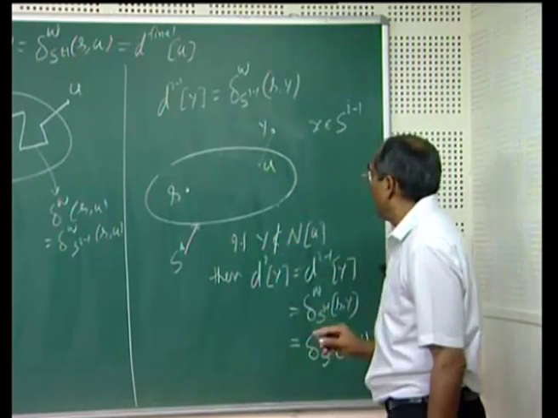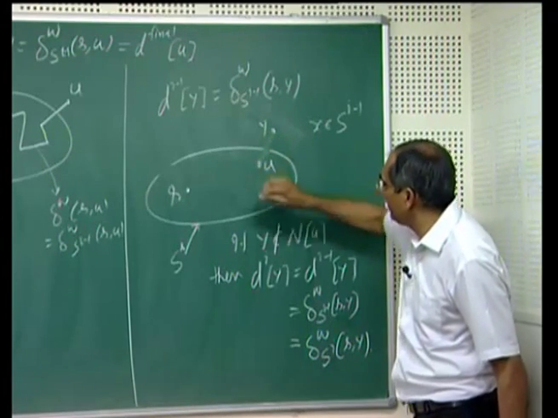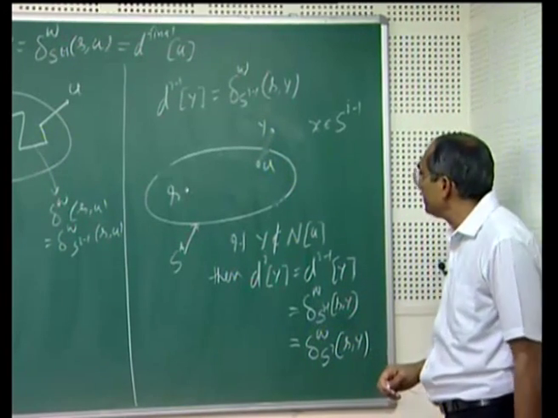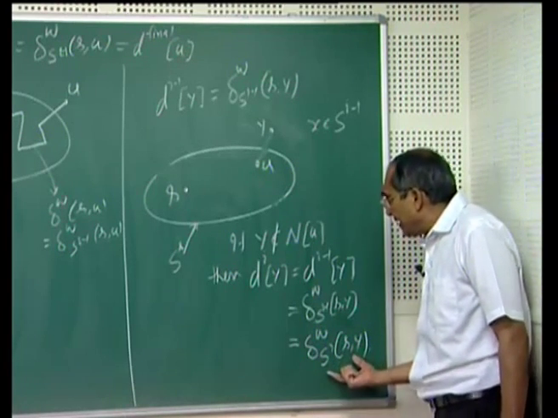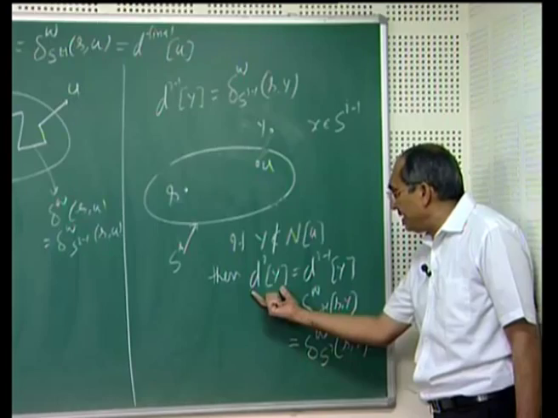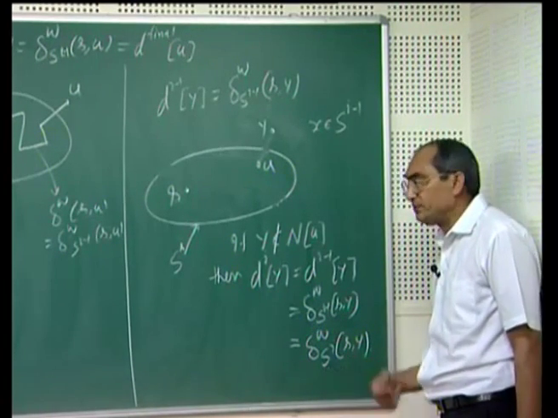This was the case when y was not a neighbor. There was no change. So, in that case, the claim holds: d_i of y is delta_w(s_i, s, y).